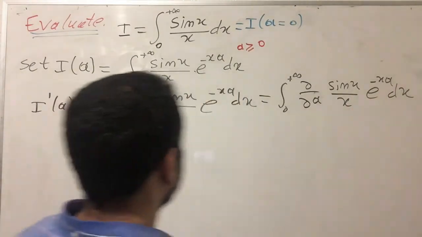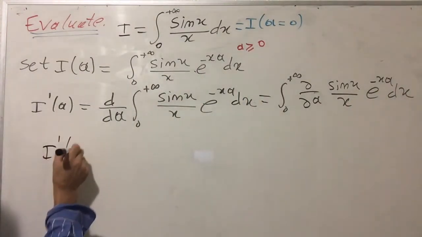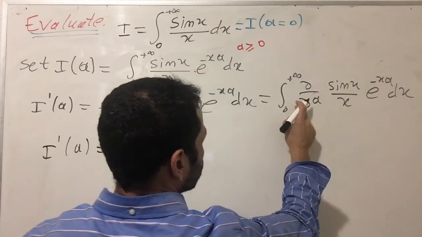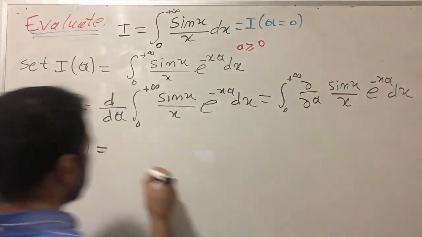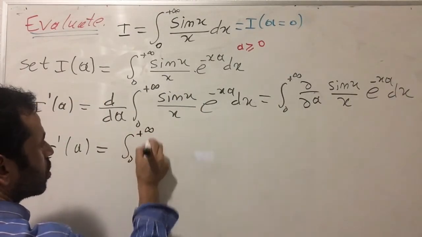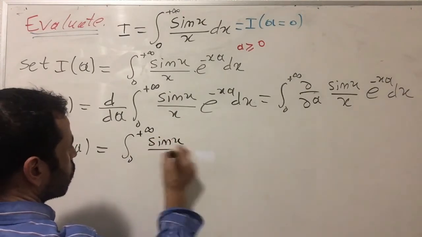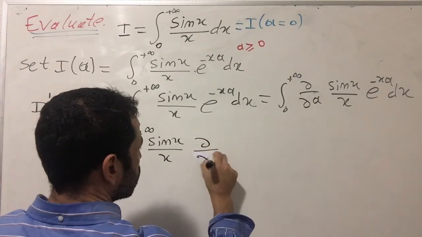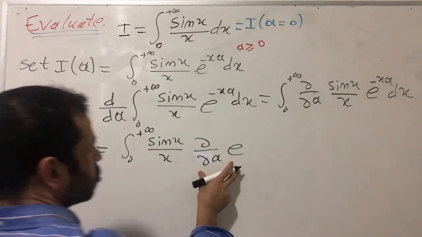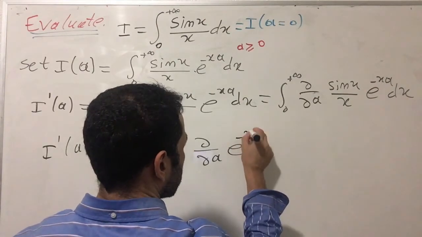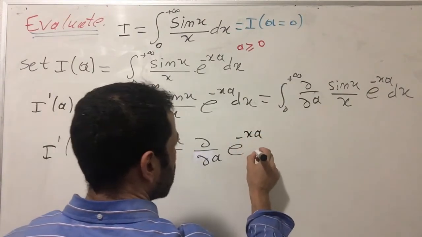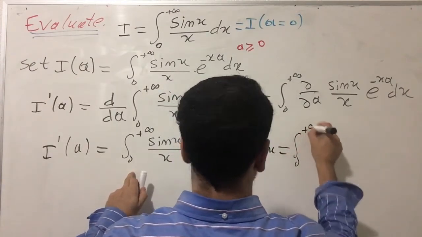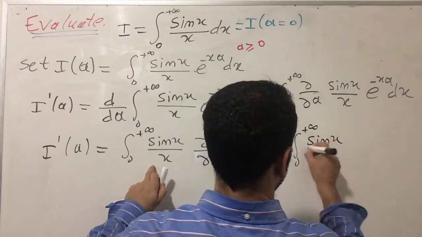So I prime of a equals the integral from 0 to plus infinity of sine x over x, because it's considered as a constant, times the partial derivative of e to the minus xa, dx.